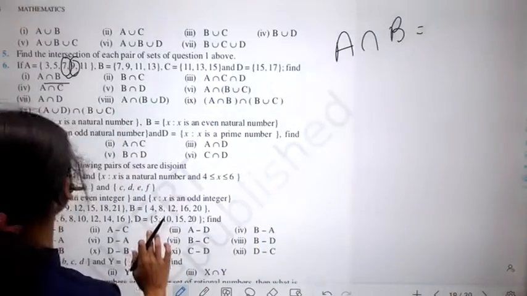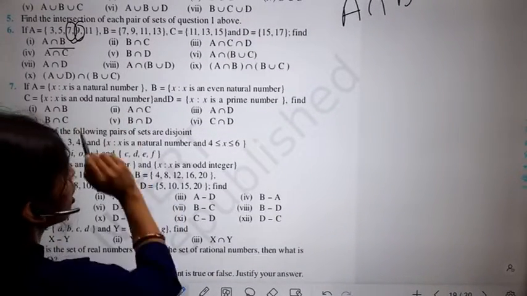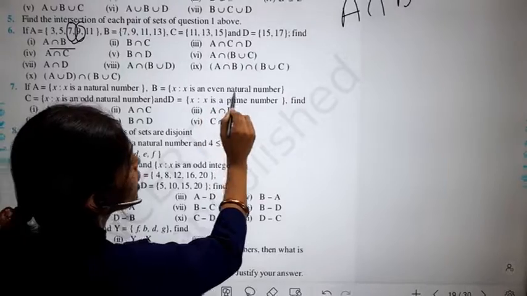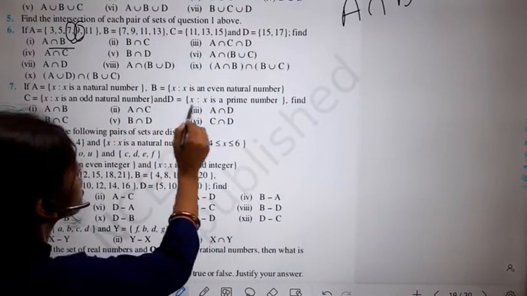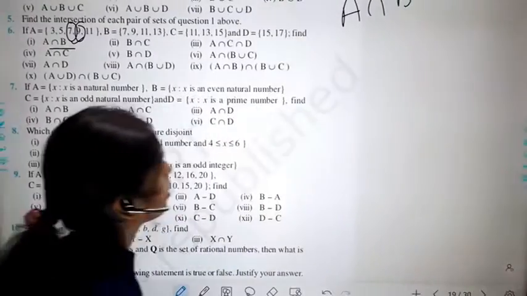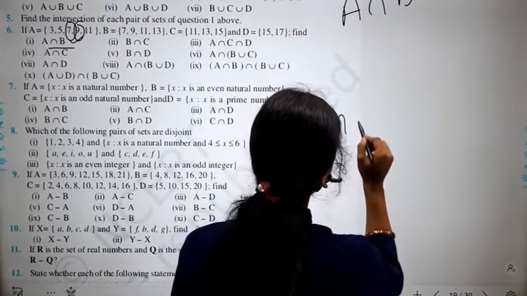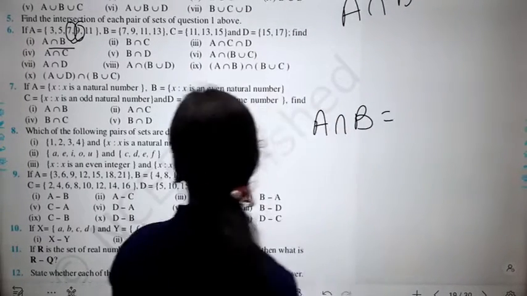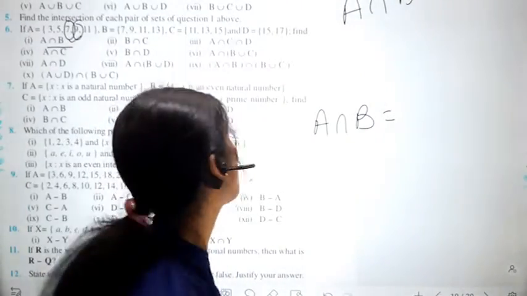Now the next one: the collection of all those x where x is a natural number, the collection of all x that is an even natural number, the collection of all x that is an odd natural number, and the collection of all x that is a prime number. Then find A intersection B. You know what natural is: a number used for counting purposes.